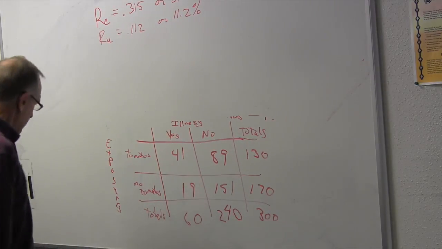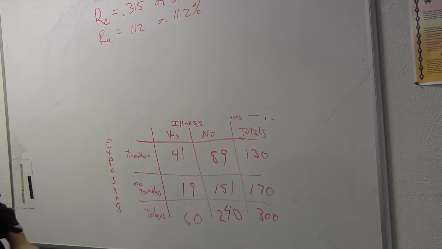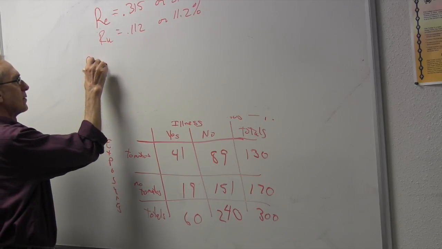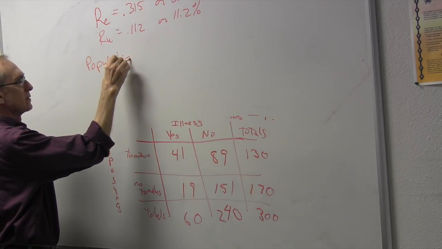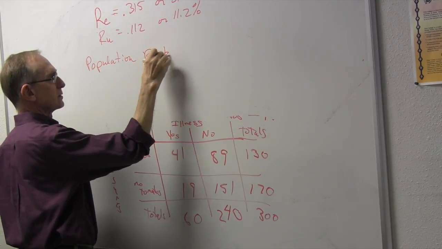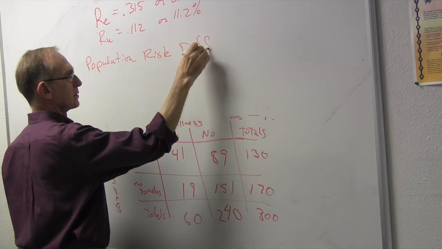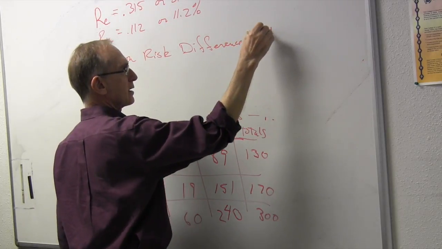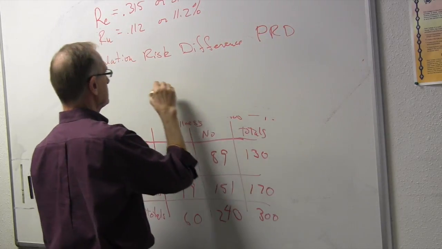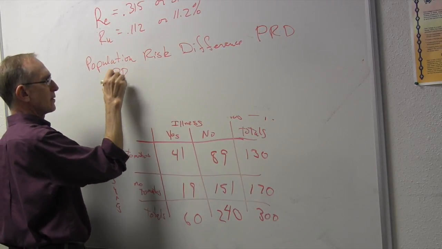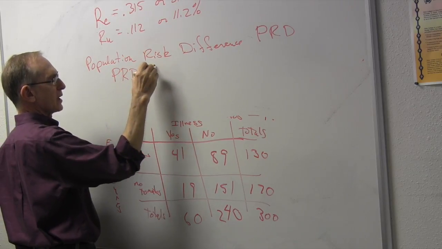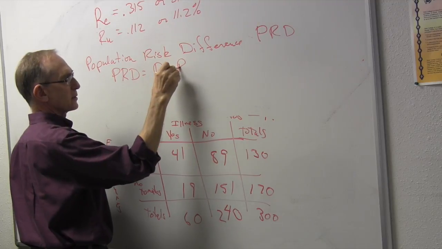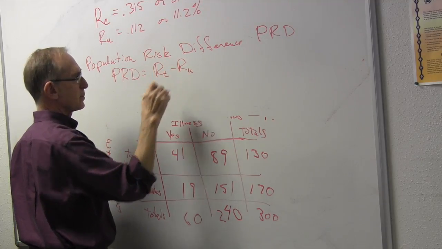We could also ask the PRD, the population risk difference. PRD, and this one, the PRD, the formula is the risk in the total population minus the risk in the unexposed.